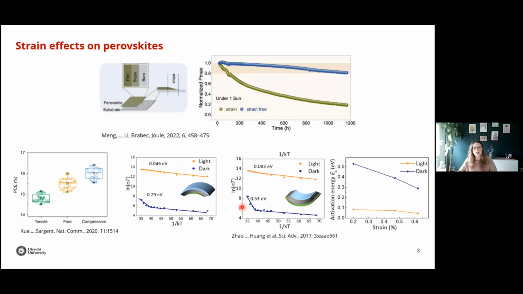this has been found in many properties of these perovskites. So in this slide, I just picked 3 representative works where they show the effect of strain, but there are of course many more that you can find in the literature.